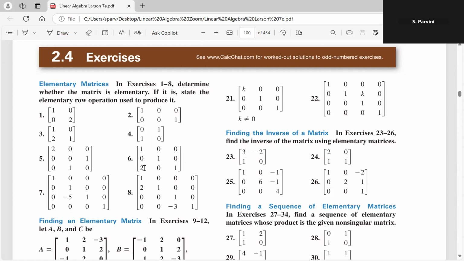How did he get the 2 here, you think? What did he do to the identity matrix 3 by 3 to get a 2 here?